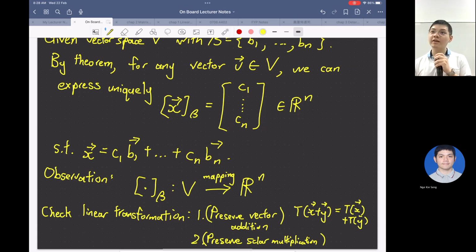Can you recall this? And the next one is T(cx) equal to c times T(x). If you satisfy these two properties, this is a linear transformation.